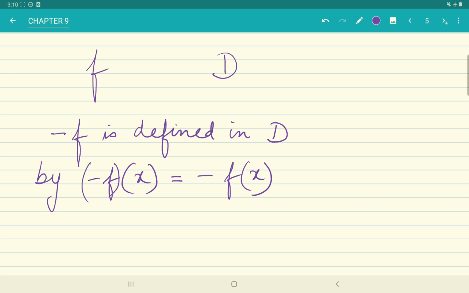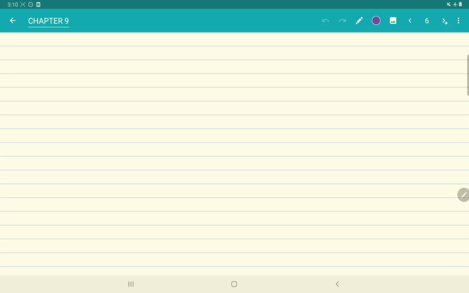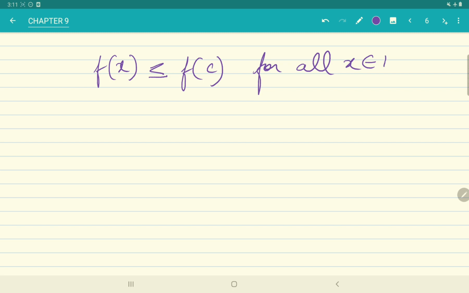Now let's say you have a function f defined in the domain D, and you know that f of x is less than or equal to f of c for all x belonging to D. So what I see here is that c is a maximum point for f.